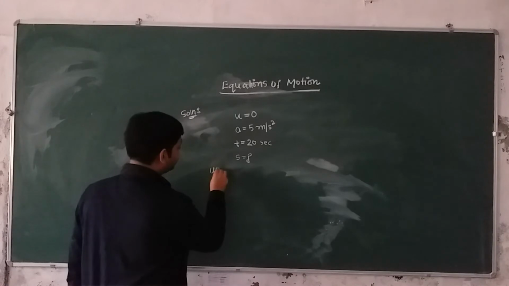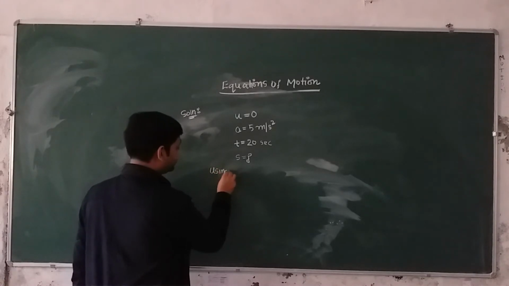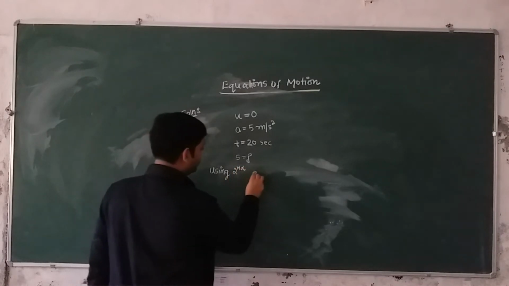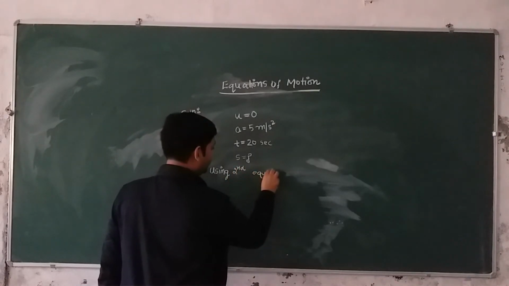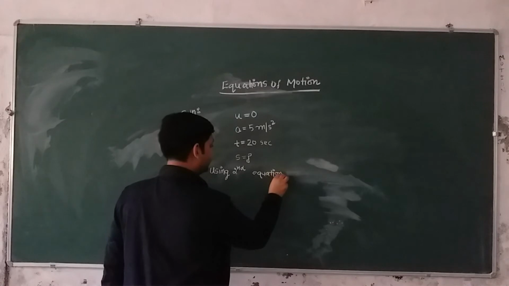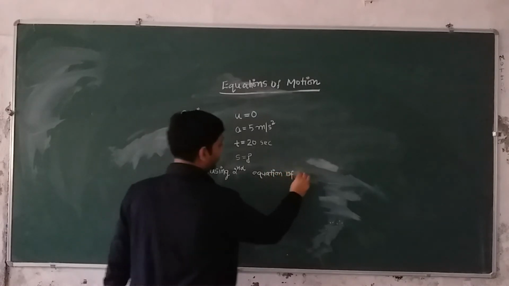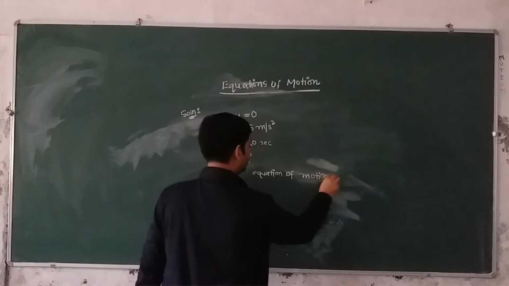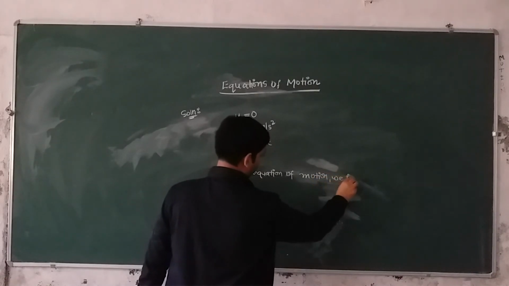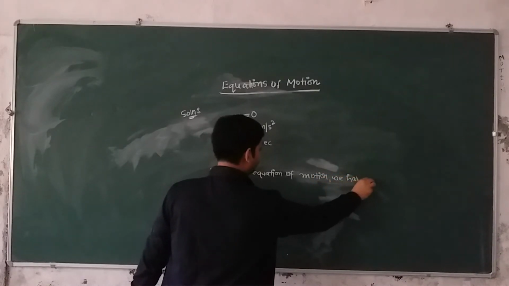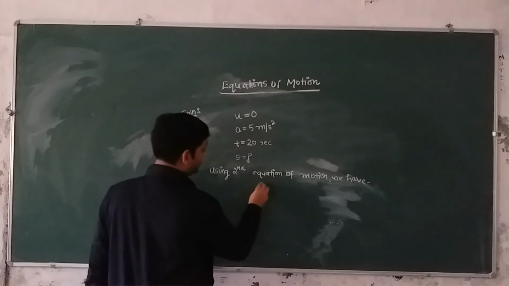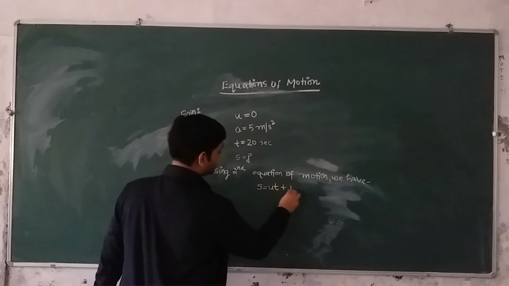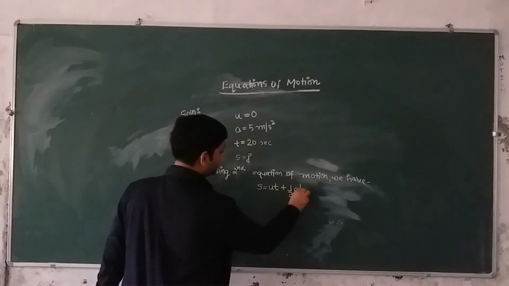So we write, using second equation of motion, we have s is equal to ut plus half at square.